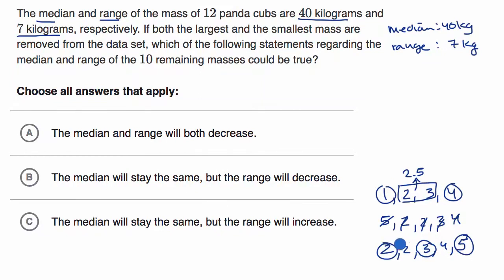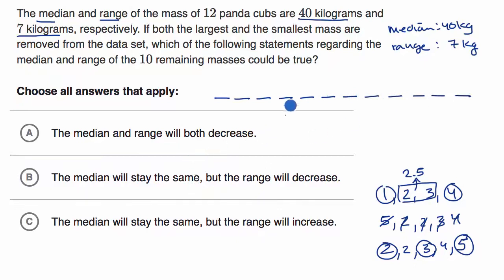So what I would do to understand which of these could be true is think about these 12 masses, come up with some numbers that meet these constraints, and then think about what happens when you remove the high and the low, the largest and the smallest mass. So we have 12, so 1, 2, 3, 4, 5, 6, 7, 8, 9, 10, 11, 12.